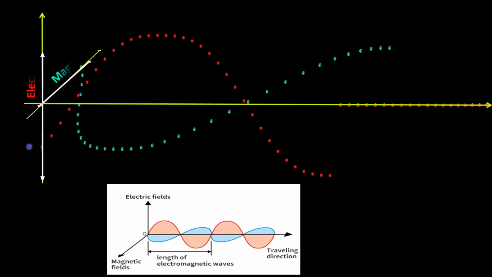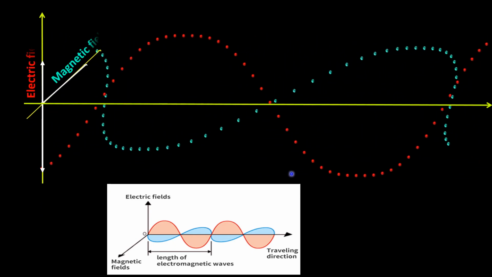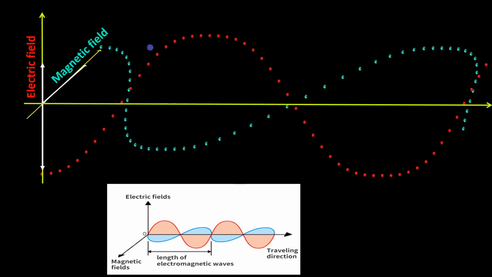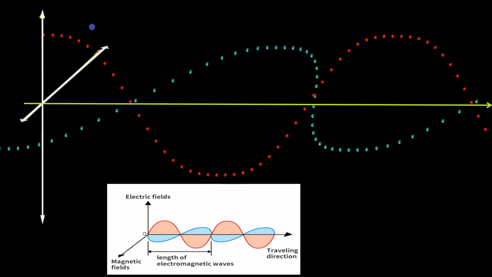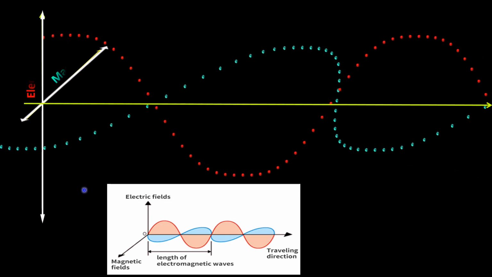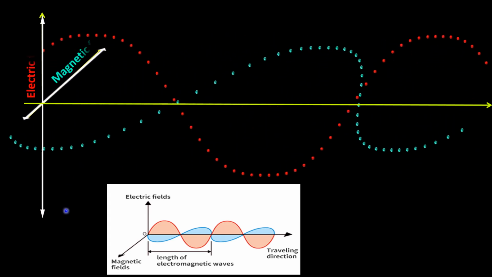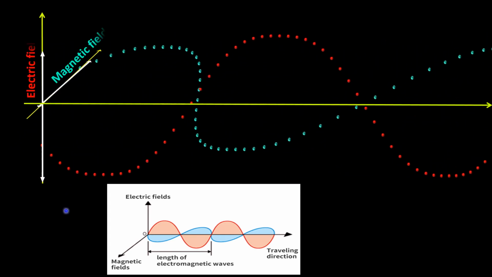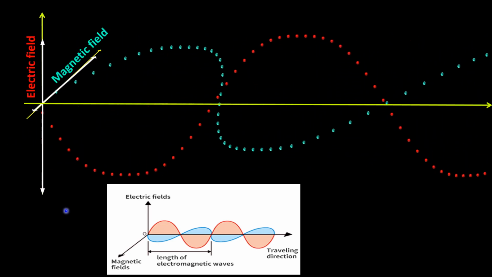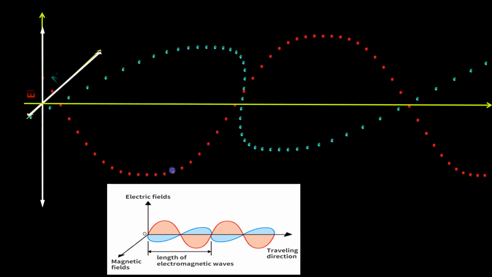See here, it's the red one, here the blue one. So this is the electric field. It is changing continuously like this with respect to time, and this is the magnetic field. Both are changing perpendicular to one another, and the wave is moving like this.